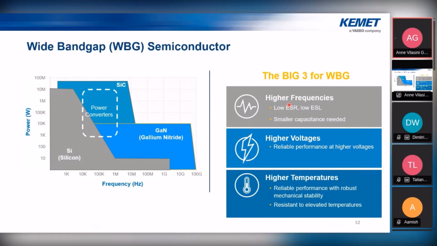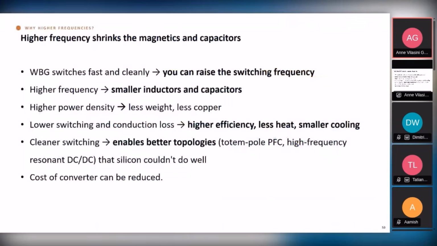So we have three benefits: the first one is high frequency, voltage and temperature. It also means you have low ESR and low ESL, which are the parasitics. Wide bandgap doesn't just improve the switches, but we also need several well-designed passives around them, like the snubbers, for suppressing the high dV/dt coming out of the switching.